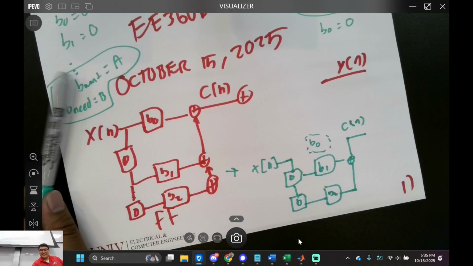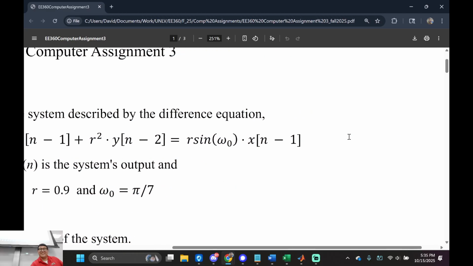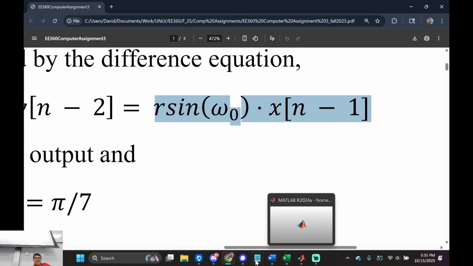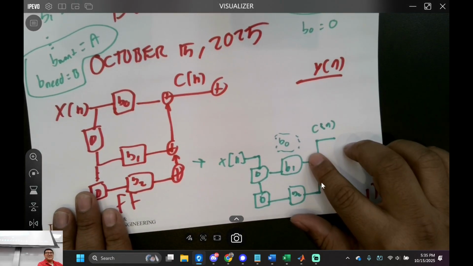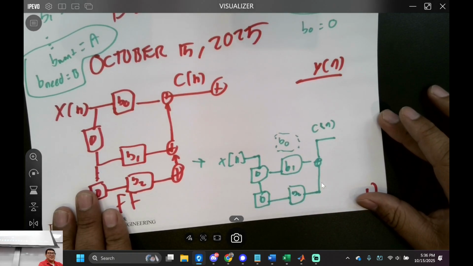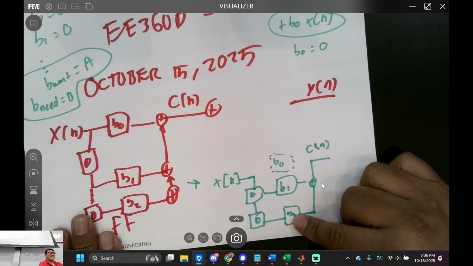Don't believe me? Let's see. Computer assignment. Oh, look at that. Where's the x input? x of 1. There's nothing. It's just this. Does that make sense? So what am I going to see in the homework? See, it's missing. But if you do the copy pasting from Dr. Stubert's textbook, don't forget that, because if you start putting this as like 1 or something like that, it's not going to work.